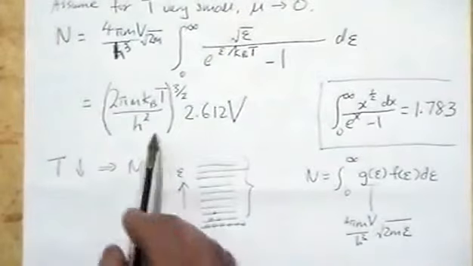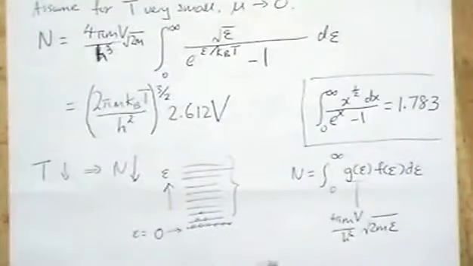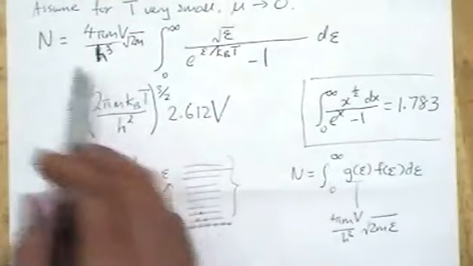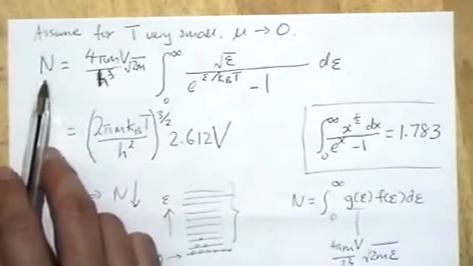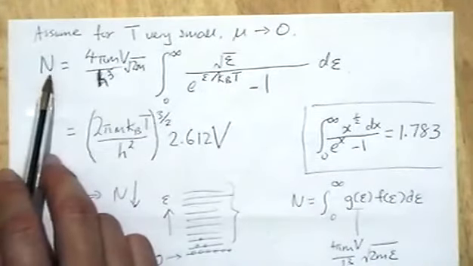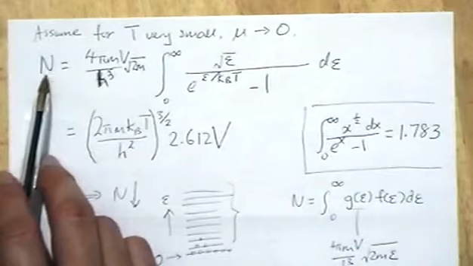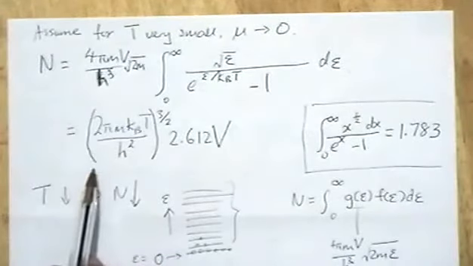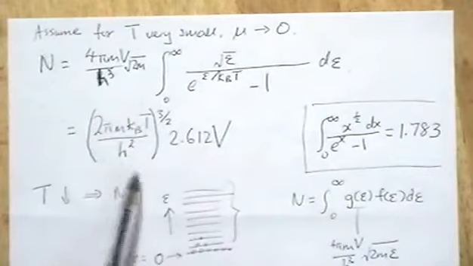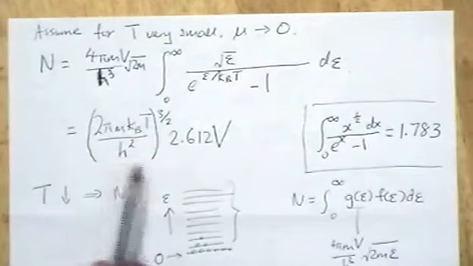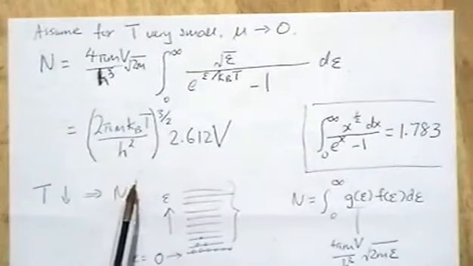And for this reason, instead of calling this n, which we normally understand as the actual total number of particles, we now know that this integral can be understood as the particles that remain above the ground state, that remain excited. It's not really the total number.